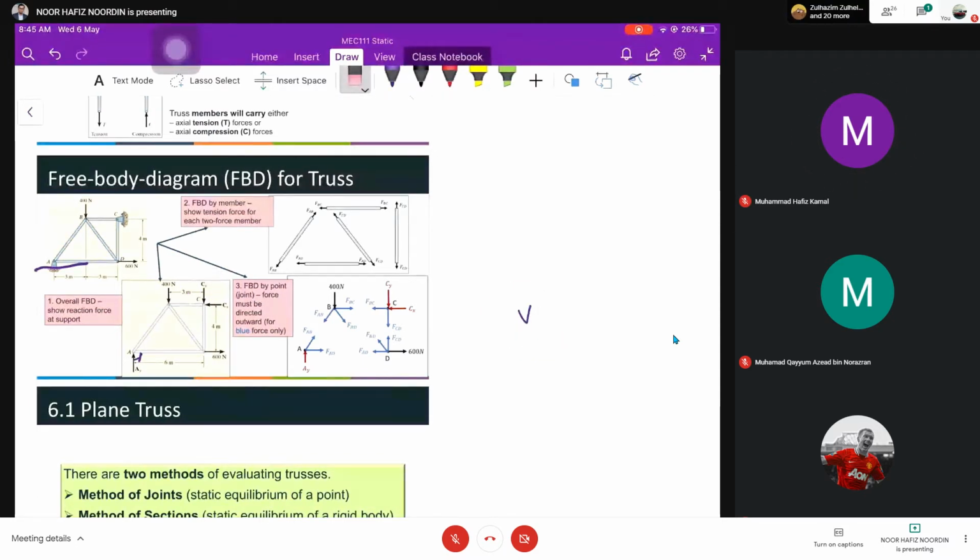Itu saya nak bagi tahu. Right? Ataupun kata lainnya, nak mudah, you just imagine lah. You apply 400 Newton and also 600 Newton. Macam mana akan berlaku pada structure tu? Mana pergerakan dia? So, of course dia akan bergerak ke bawah. Bila bergerak ke bawah, maksudnya reaction force kat C ni actually boleh assume dia ke atas sebenarnya, CY. Betul lah.